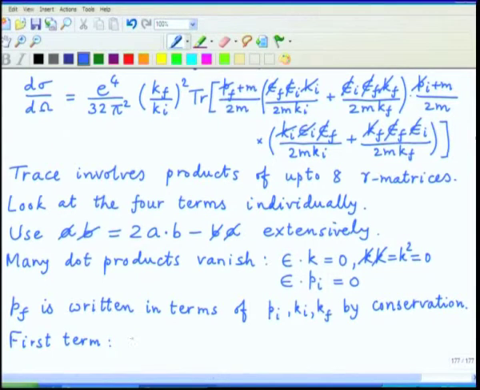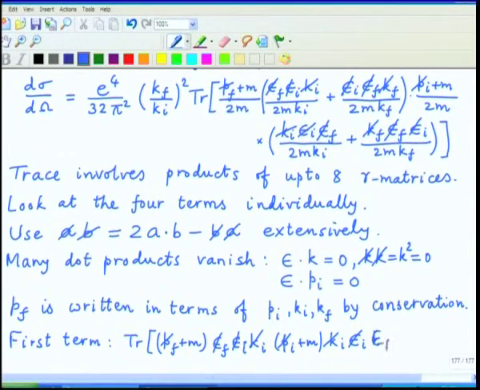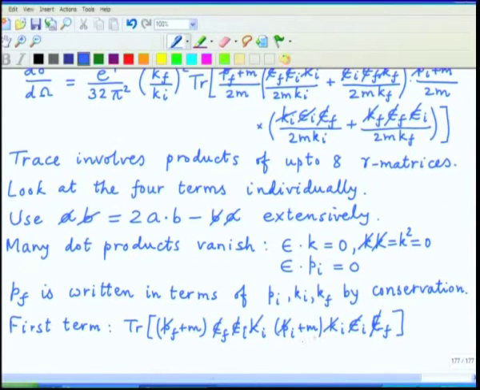It has the form of a trace: P f slash plus m, then these various factors of epsilons, then the second factor, and that closes the trace. Now we want to simplify this object.